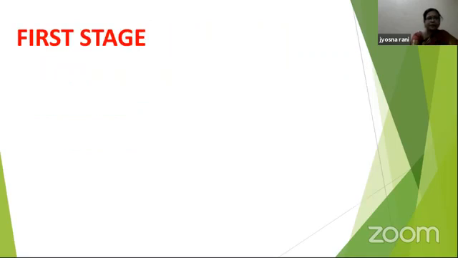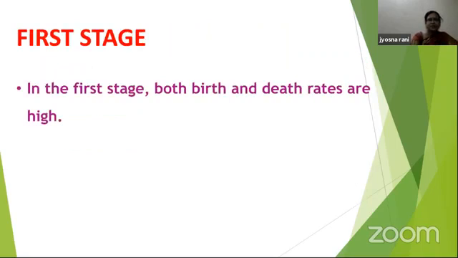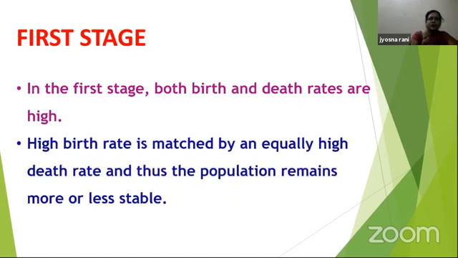Then, in the first stage, generally in backward economies, where agriculture is the main occupation of the people, which leads to low per capita income and low standard of living, there are high birth rates and high death rates.